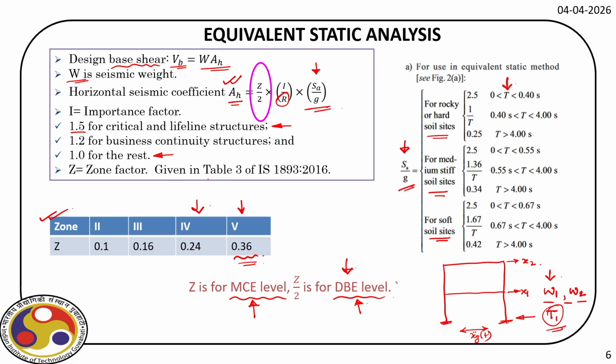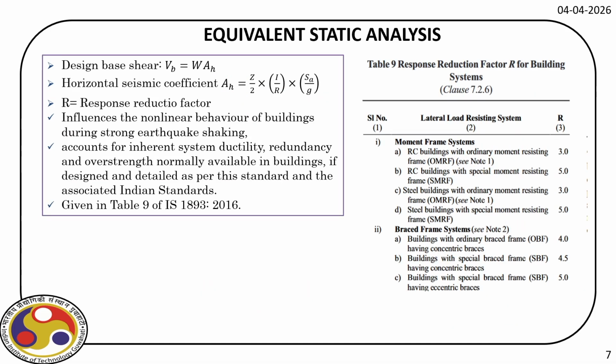I hope that is 3.346 hertz from the STAAD output. So corresponding to that frequency, we can identify the time period. However, as we progress, we will see the code also simplifies that. We can use the simplified expression, and based on that, we can identify the time period corresponding to the first natural frequency, right?